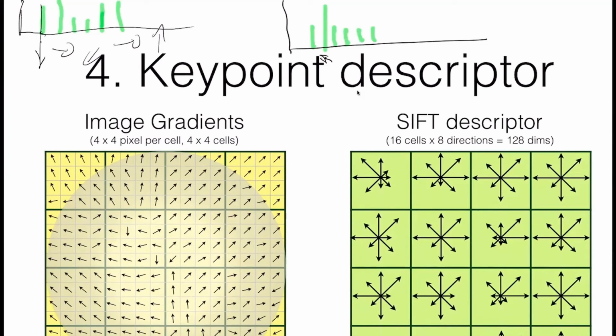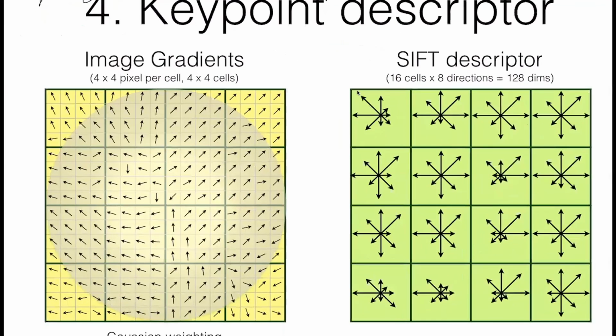So at the end of the day, you have this SIFT descriptor where each quadrant is described by 8 bins, and these are just values: how many times do we have, for example, this direction? This direction is most present in this particular window. Here we have mostly these directions.